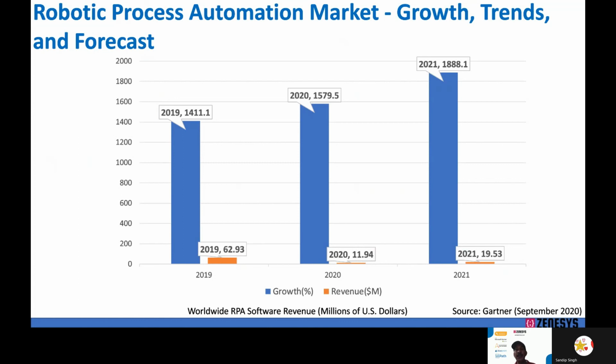The prediction for 2021 is that the overall global revenues would go to 1,888.1 million US dollars, with a growth from 2020 of 19.53%. So that's the prediction we have for the market.